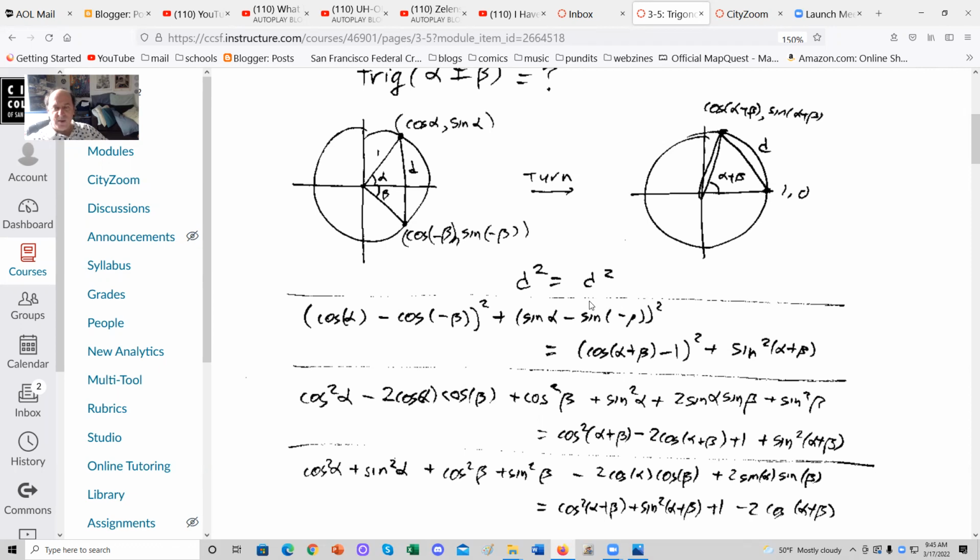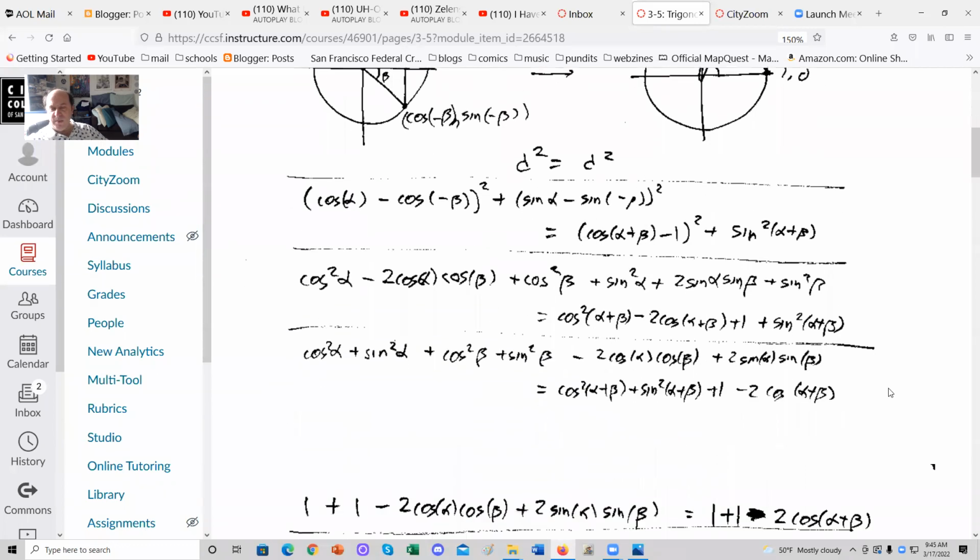Here the minus comes out of the sine, so it becomes a square of a sum: sine alpha plus sine beta. So therefore that'll be sine squared alpha plus 2 sine alpha sine beta plus sine squared beta. And here on the right side, we have a square of a difference. So we have cos squared of alpha plus beta minus twice cos alpha plus beta plus 1. And as before, we have a sine squared alpha plus beta.